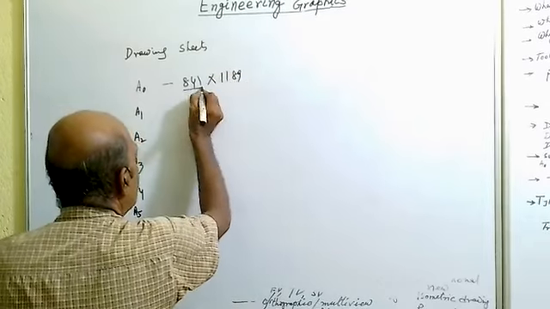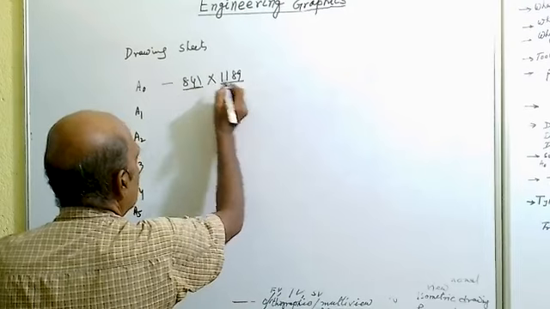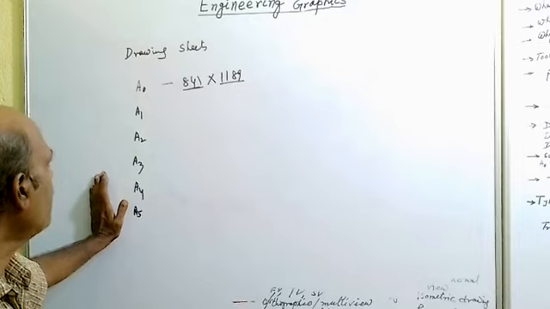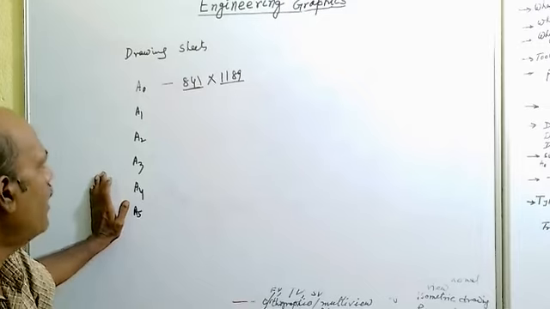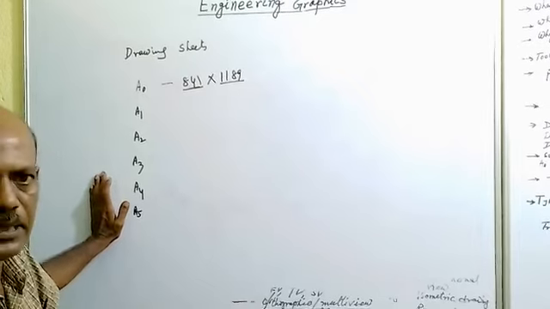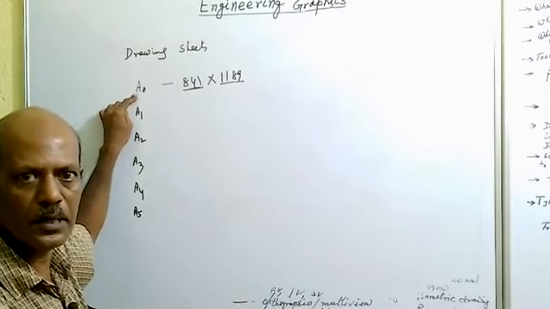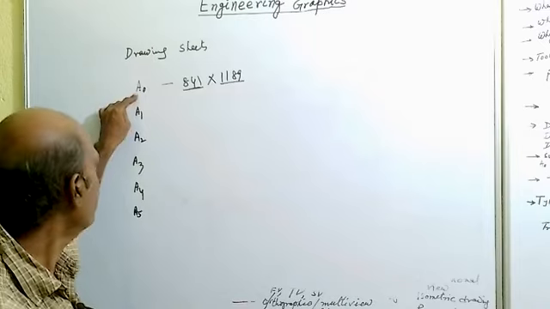The dimensions, that is length and width, are all in millimeter. So 841 into 1189 millimeter is the largest sheet on which you can draw the drawing.